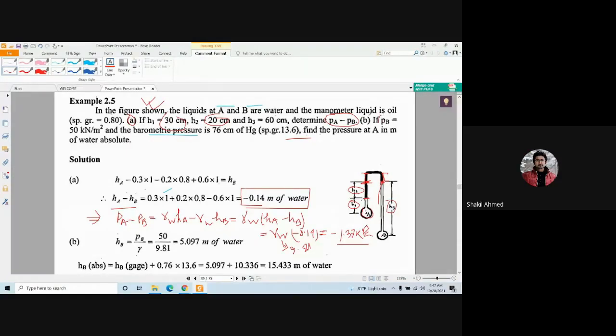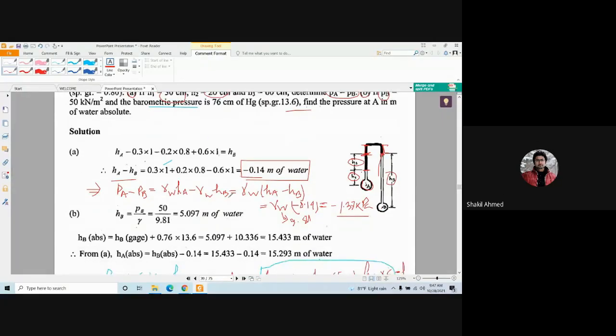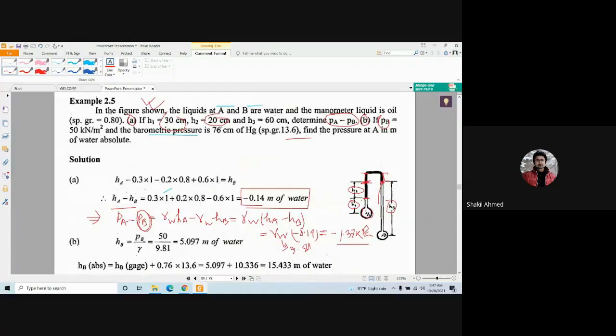Now in B, what they have asked is, PB is given now, and the barometric pressure, which means the atmospheric pressure, is 76 centimeter of mercury. Find the pressure at A in meter of water absolute.